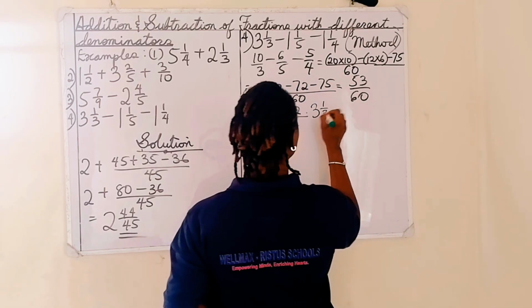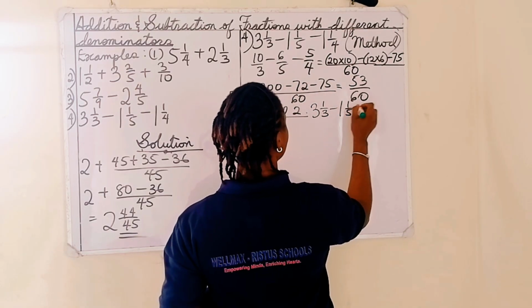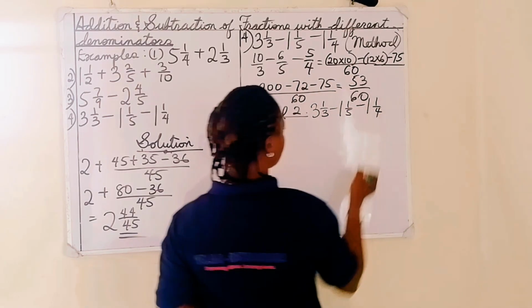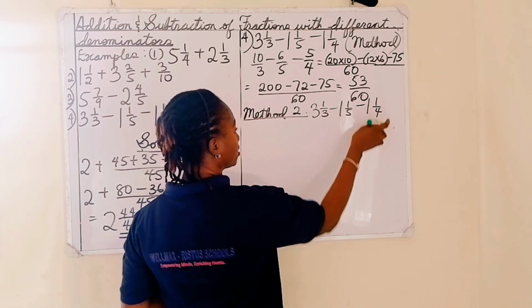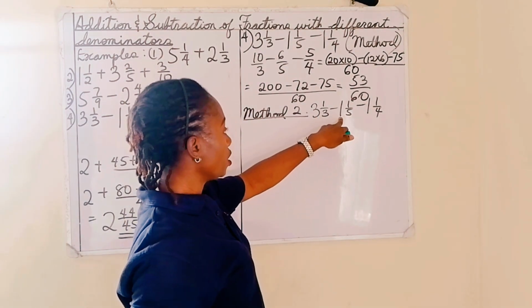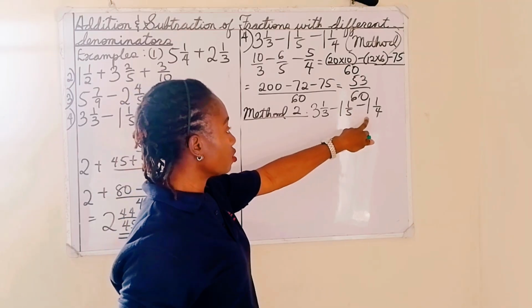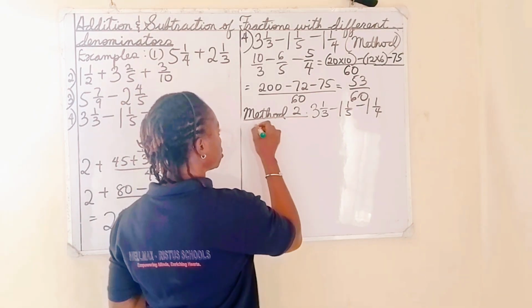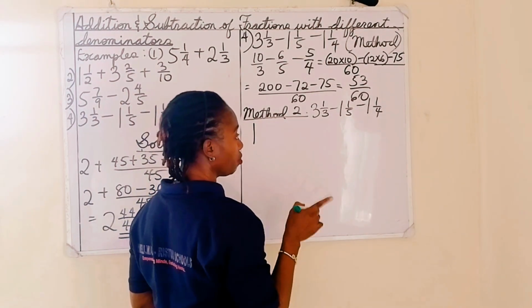Three wholes 1/3 minus 1 wholes 1/5 minus 1 wholes 1/4. So we're going to subtract the whole numbers from each other. 3 minus 1 is 2. 2 minus 1 is 1. Right?